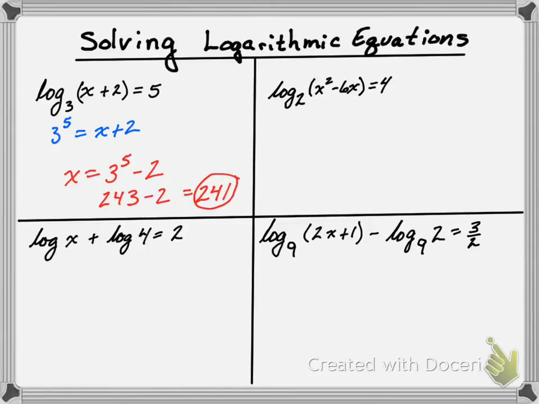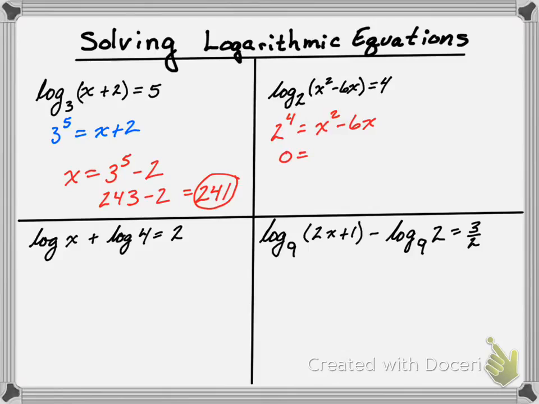All right, so now the next one will also convert. So this becomes 2 raised to the 4th power is equal to x squared minus 6x. Now this one is a quadratic equation, so we need to set this equal to 0.